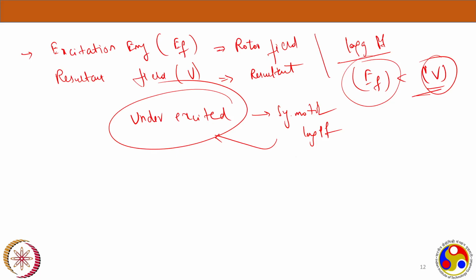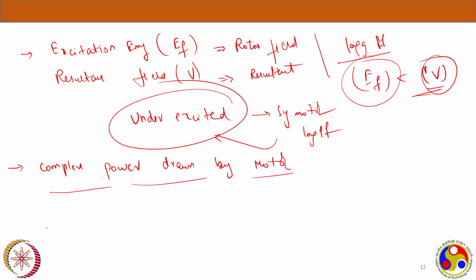Now if you see the complex power drawn by this particular motor, you know the formula for it. So complex power drawn by the motor, let's calculate the complex power delivered by the source first. How much is my source delivering?